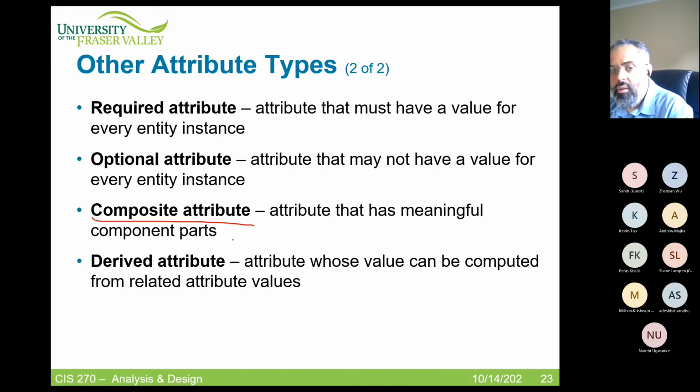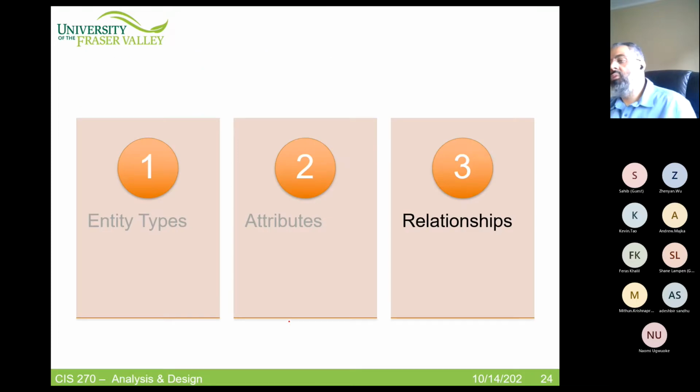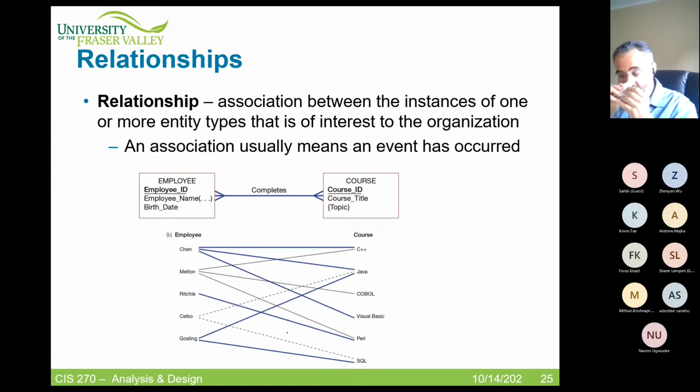So for all these attributes, if there is a special type of attribute, we have to mention it here, like we did with this line saying that this is the identifier. Now the last part, the most important part, is about relationships.